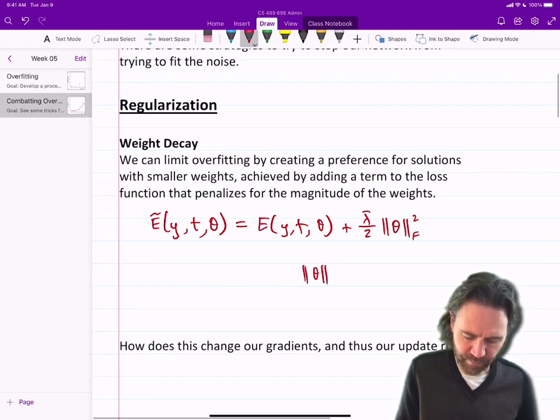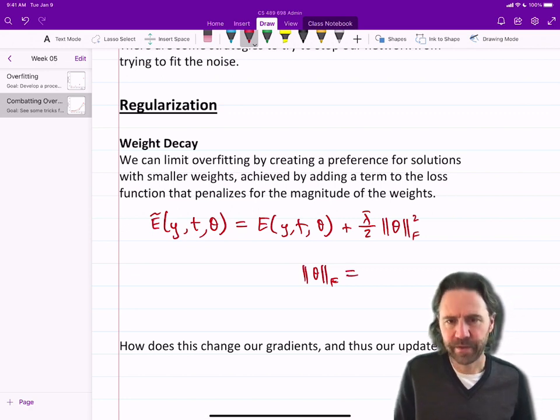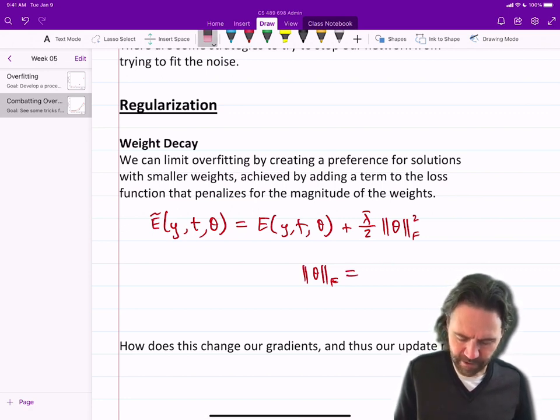So, for example, I'll define it. The Frobenius norm of theta is the square root of the sum of all the elements squared.